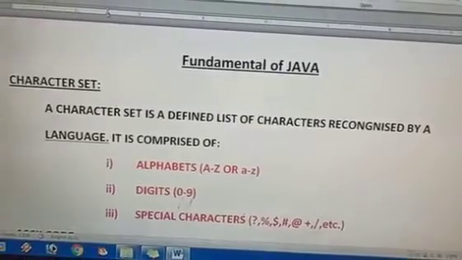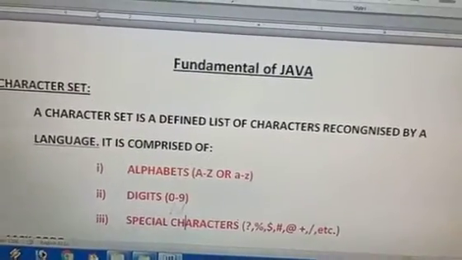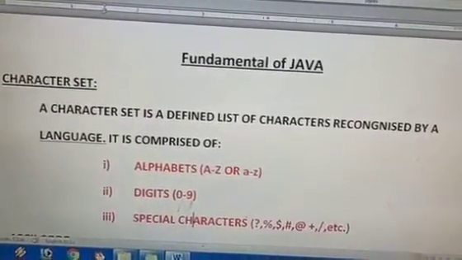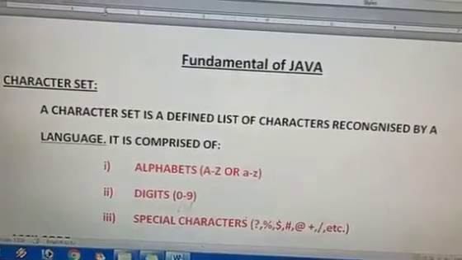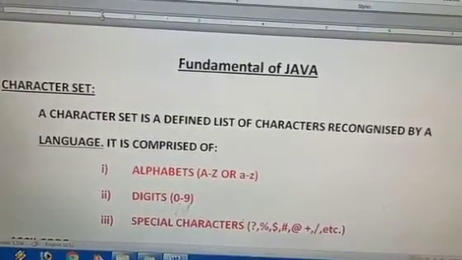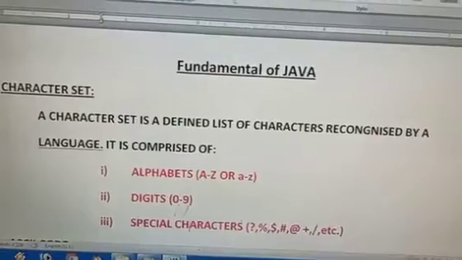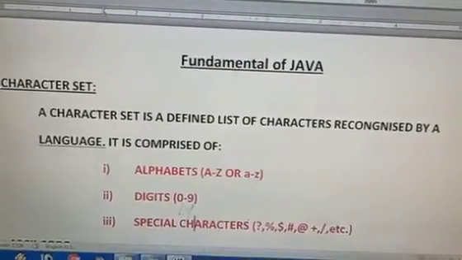Line by line. That is why the interpreter is more reliable in comparison to the compiler, because the compiler is a fast process. That is why it is less reliable in comparison to the interpreter.